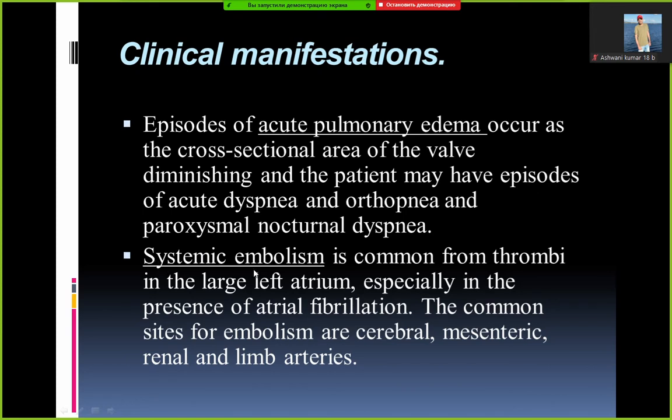Systemic embolism is common from thrombi in the large left atrium, especially in the presence of atrial fibrillation. The common sites for embolism are cerebral, mesenteric, renal, and limb arteries.